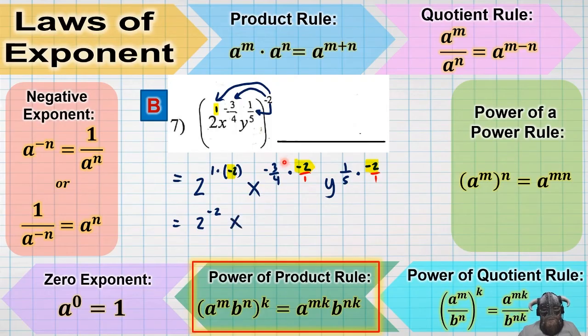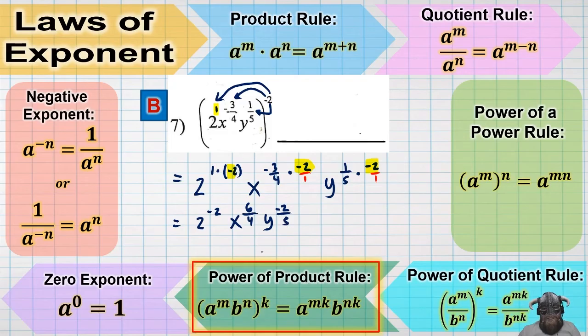Then, x raised to negative 3 times negative 2 is positive 6 over 4 times 1 is 4. Yan. Kung napapansin nyo, nilalagay ko yung negative palagi sa numerator para hindi tayo malito sa pagsasagot. So, y raised to 1 times negative 2 is negative 2 over 5 times 1 is 5.